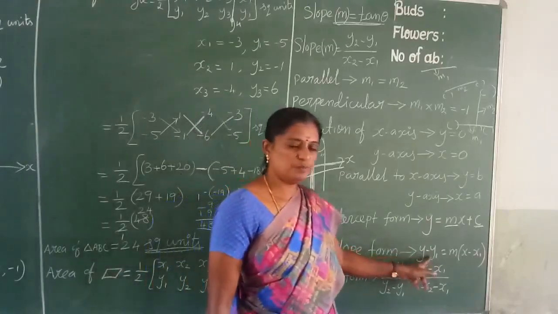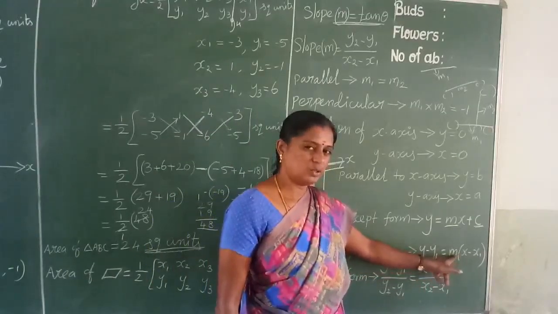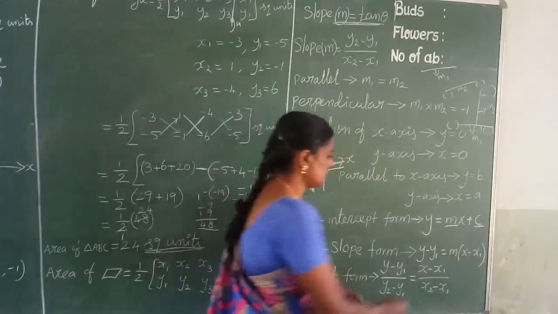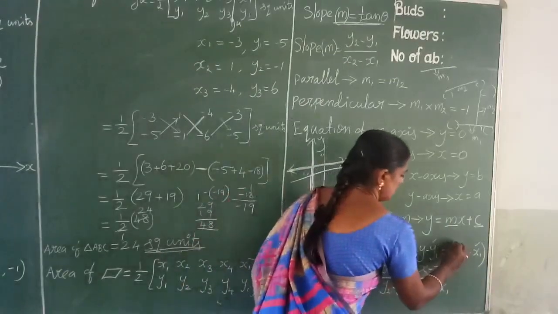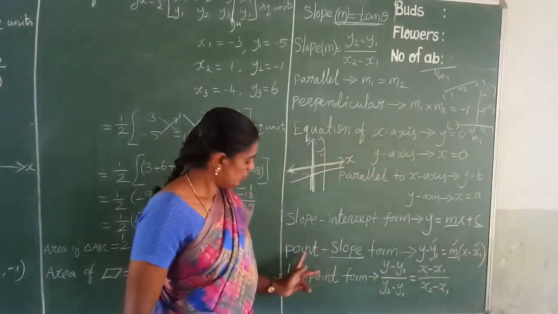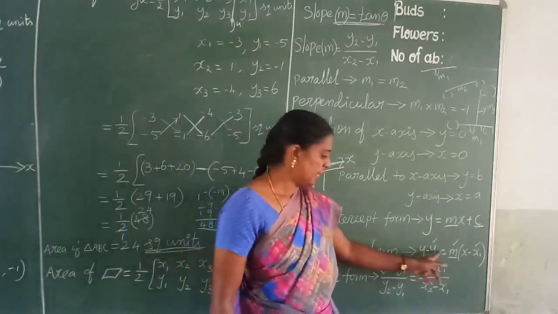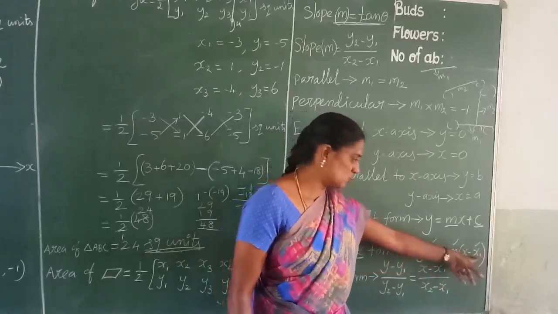So what is the equation? Y minus y1 equal to m into x minus x1. Here the point is x1 comma y1 and the slope is m.